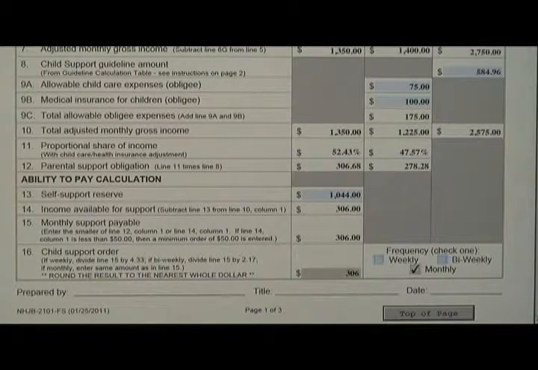The parental support obligation, as outlined in line item 12, is $306.68. So line 15, the monthly support payable, would be $306. Line 16, the child support order, would be $306 because we round to the nearest whole dollar.